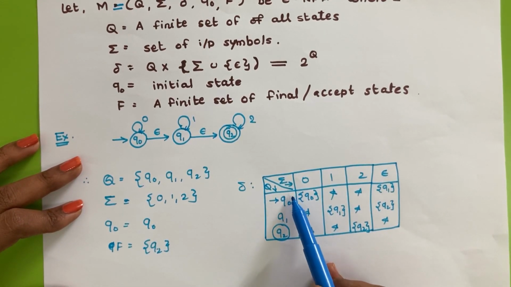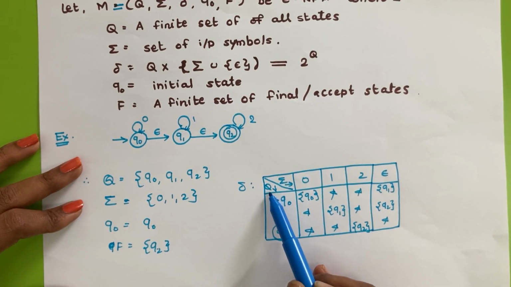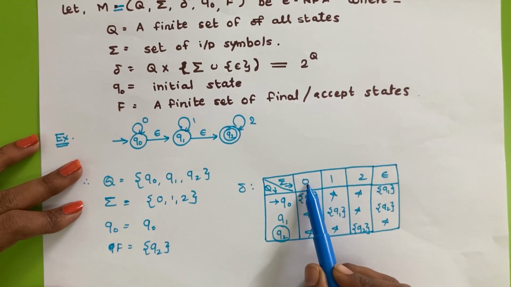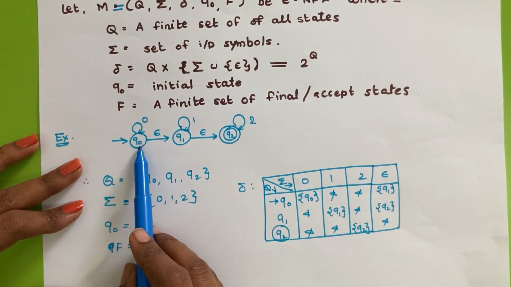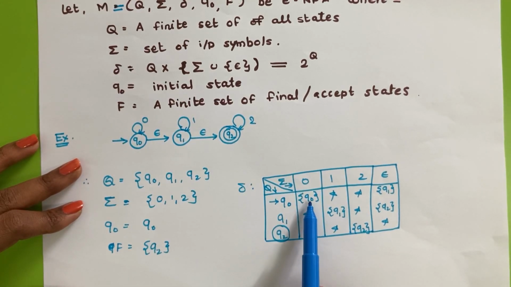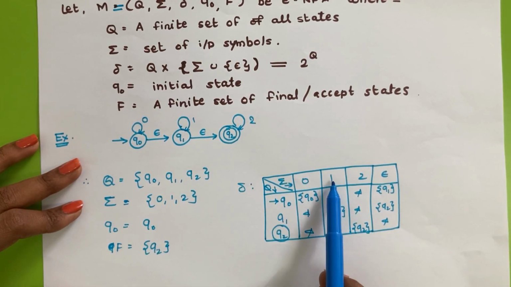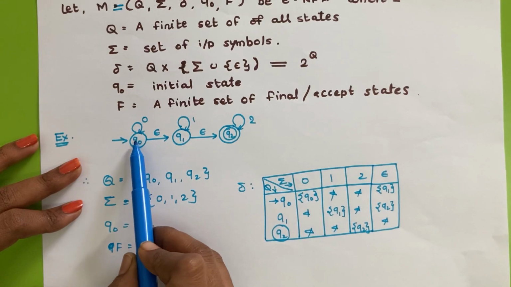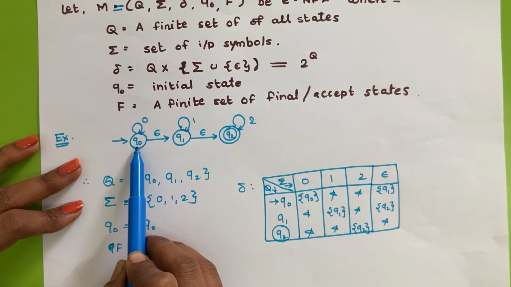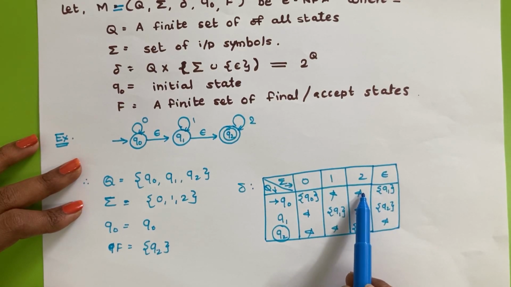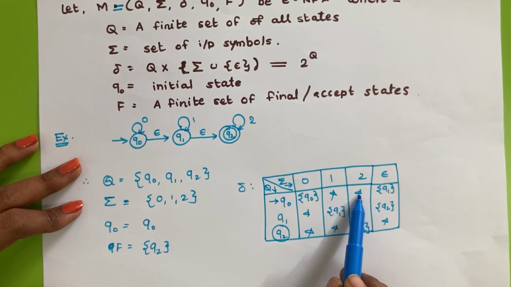Now here is the transition function, that is delta. Q0 applied with 0 remains in the same state, that is Q0. Again we have to write it in curly brackets because this is a kind of NFA only. Next, Q0 applied with 1 gives no transition for 1 at state Q0, so it is phi. Again the same for 2, no transition for 2 at Q0, so again it is phi.